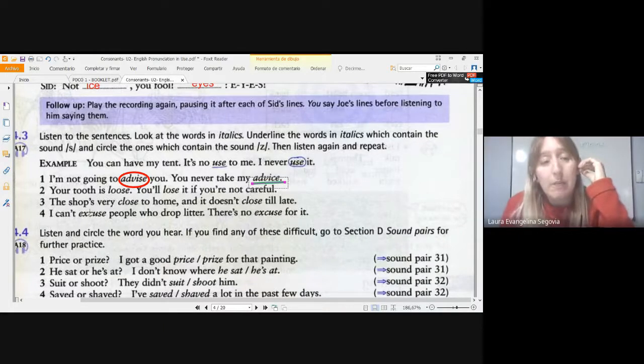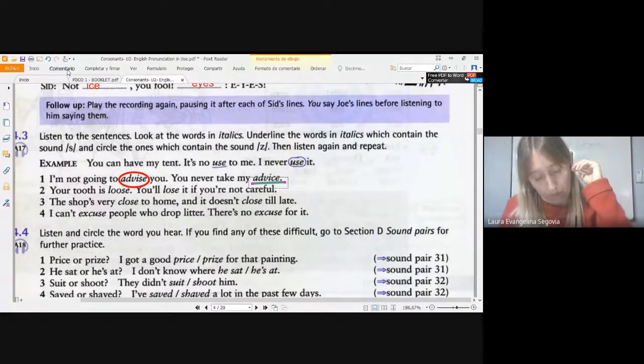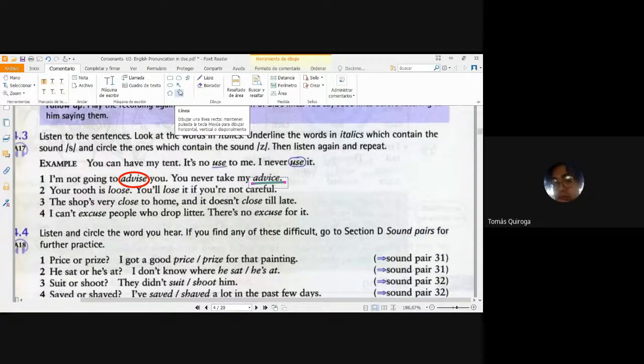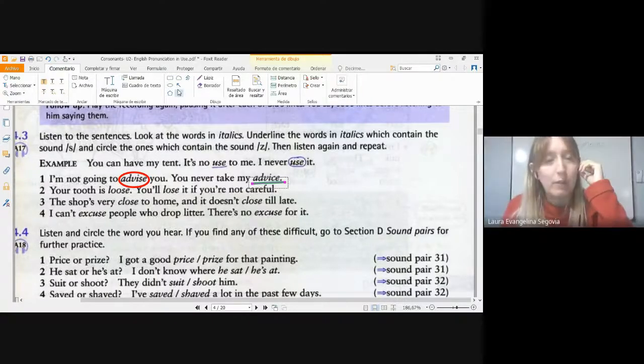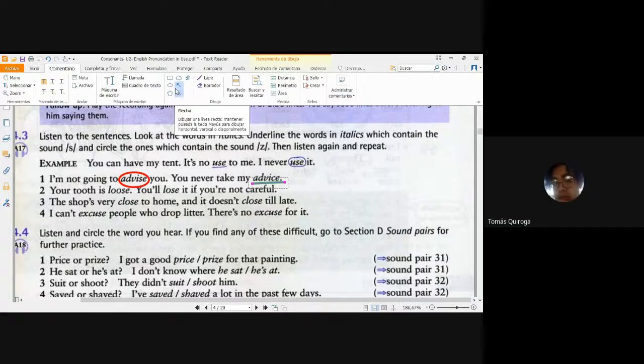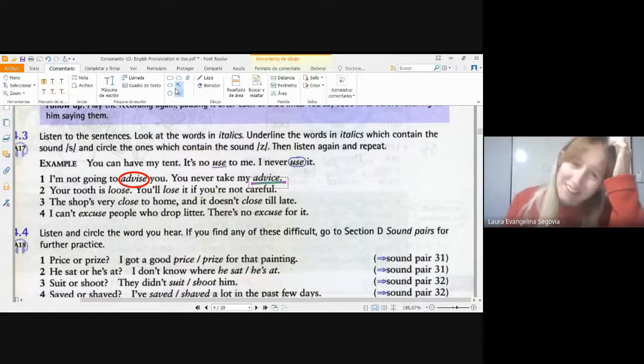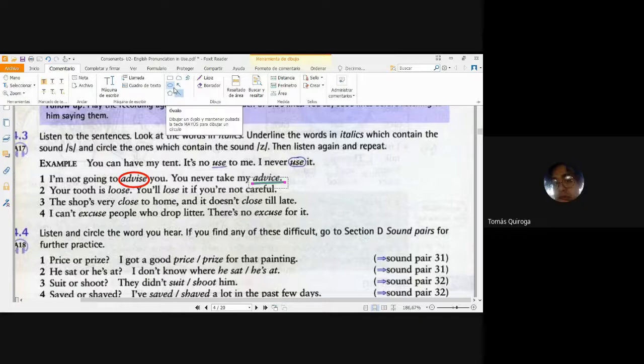Thomas. Number 2, come on. Okay. Your tooth is loose. You'll lose it if you're not careful. What were the differences between s and z? Lose and loose. I say it in context. Your tooth is loose. You lose it if you're not careful.